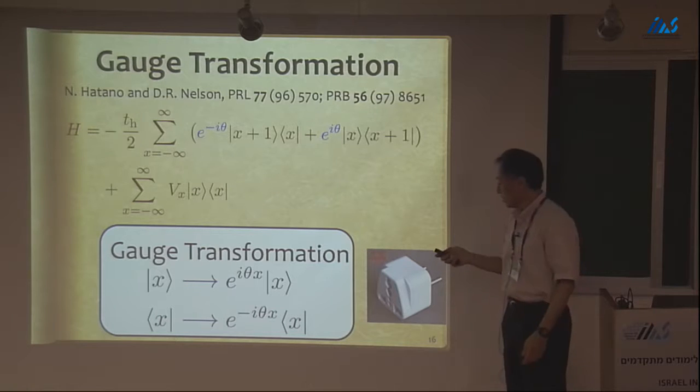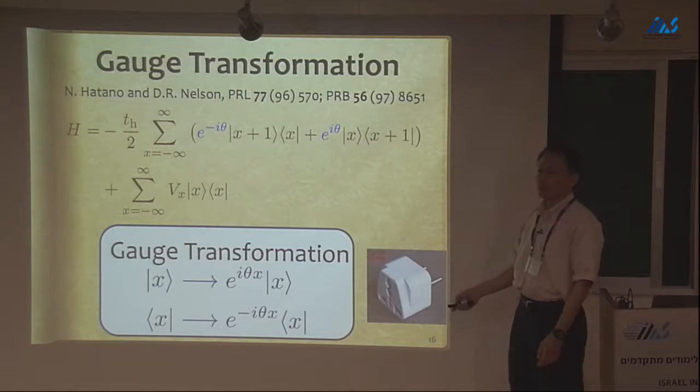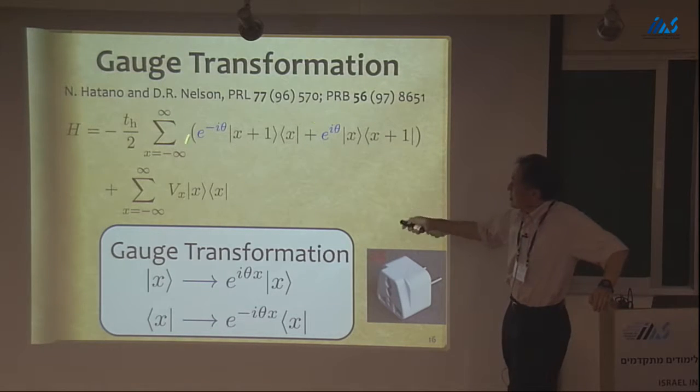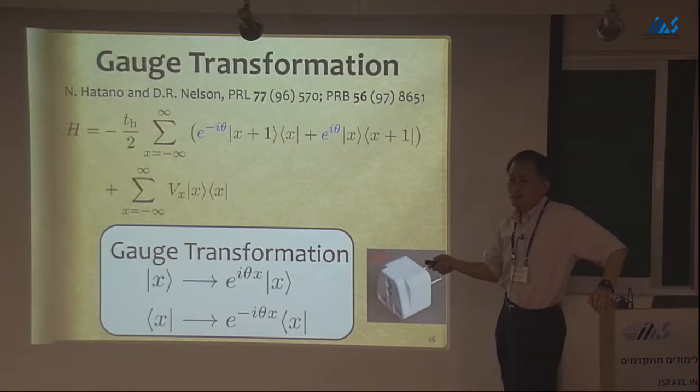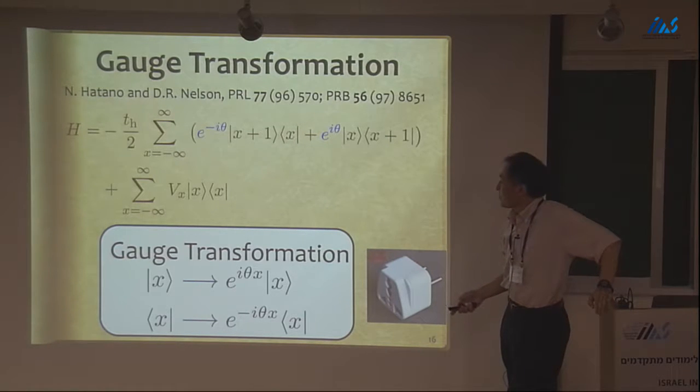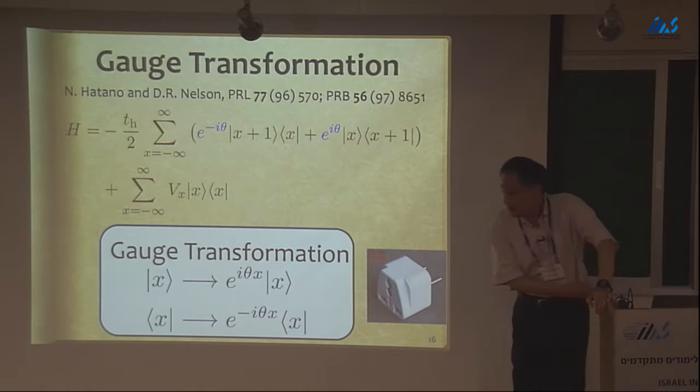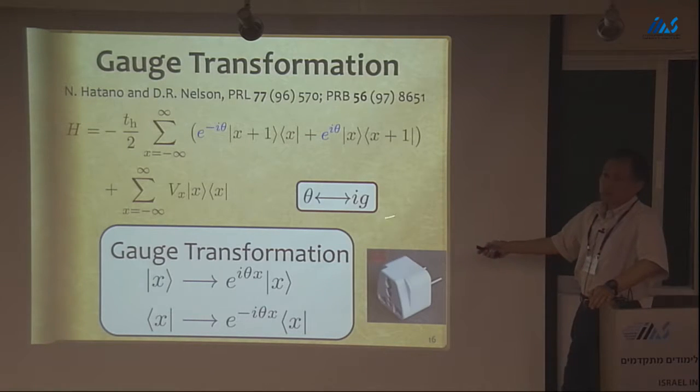So from this I can tell that this Hamiltonian must have the same spectra as the original Hermitian model without this vector potential.